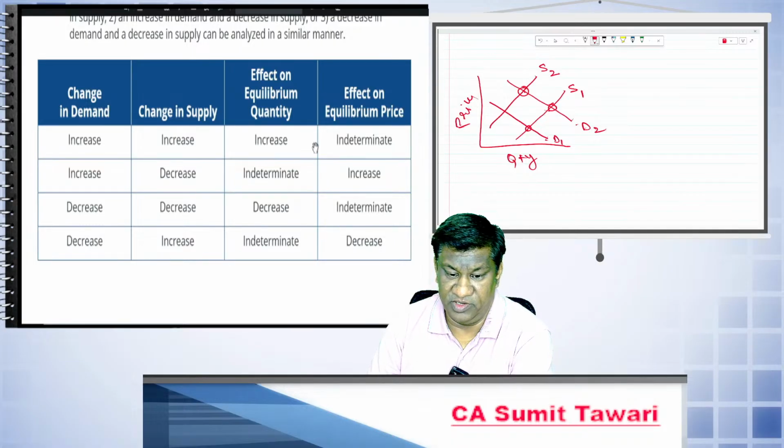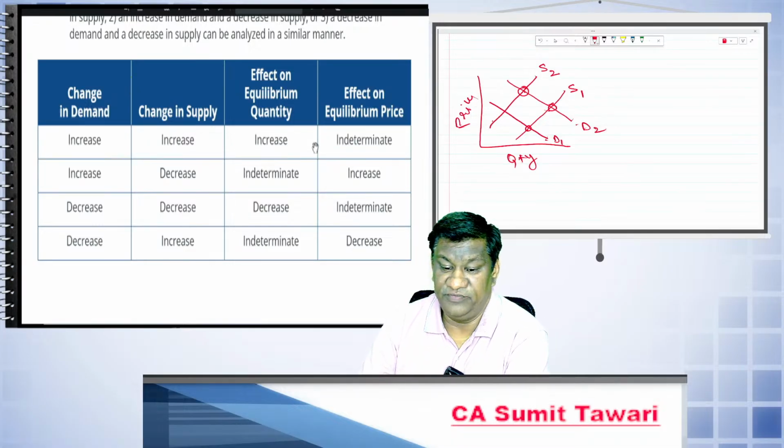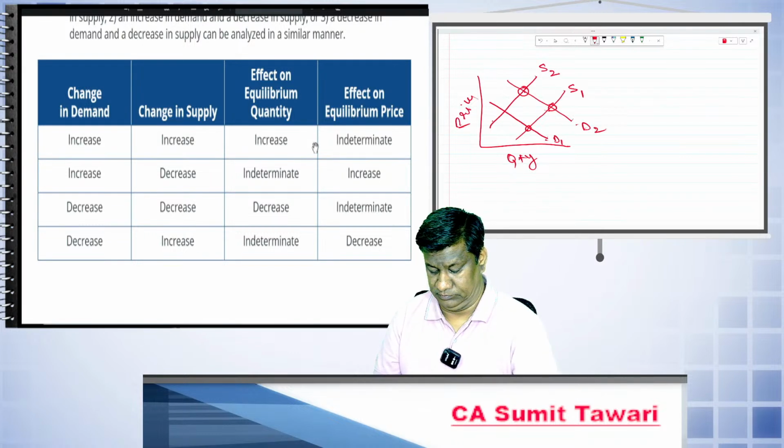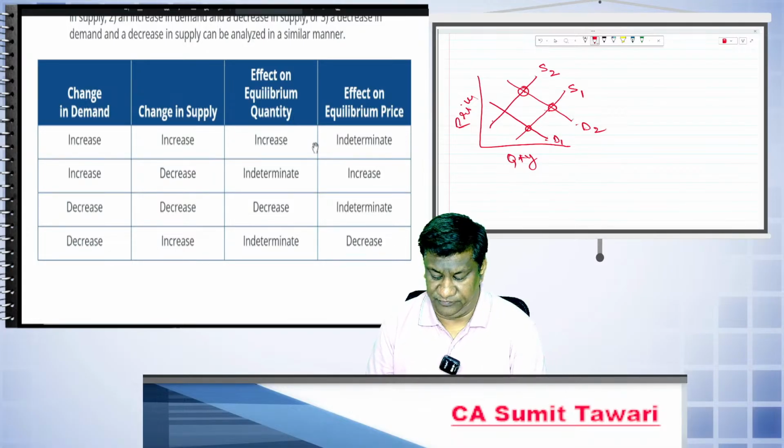So here what happened? The quantity gets increased, and the price you cannot determine. Why can we not determine the price? Because the demand and supply curves are not intersecting each other, so we cannot decide the price.